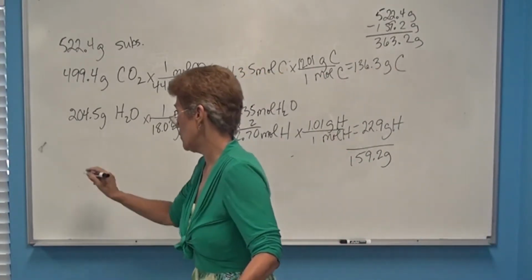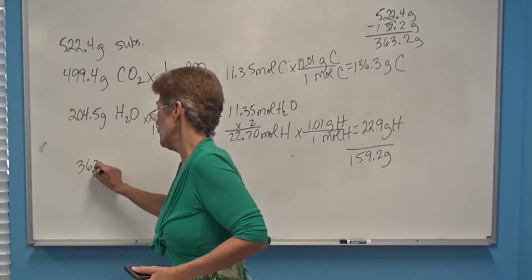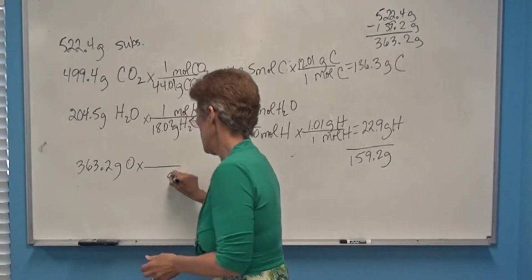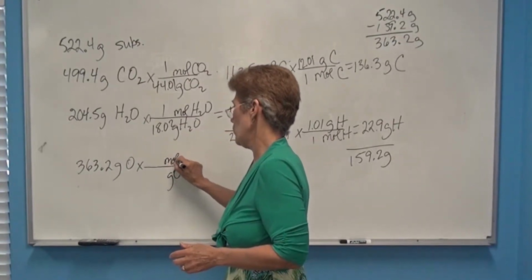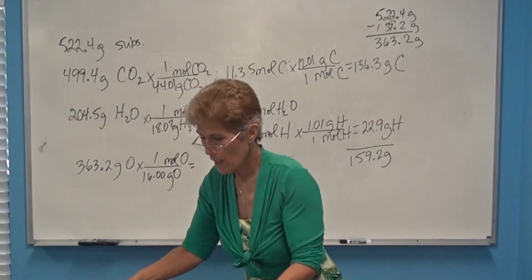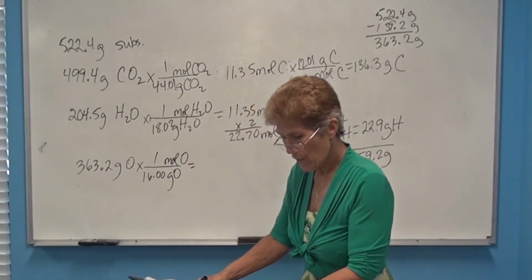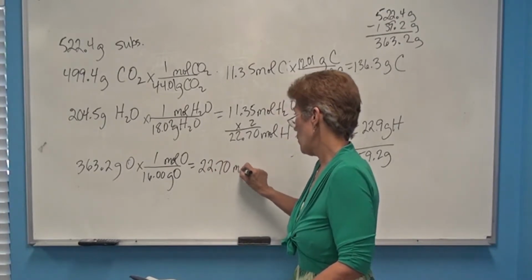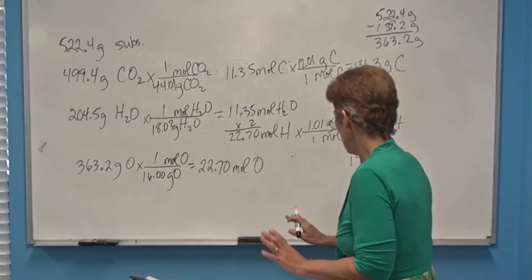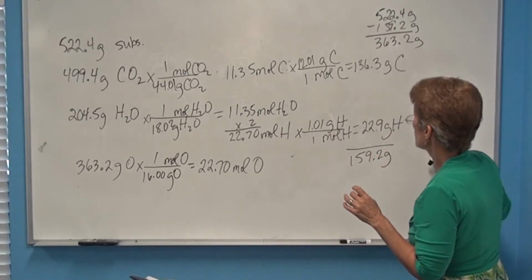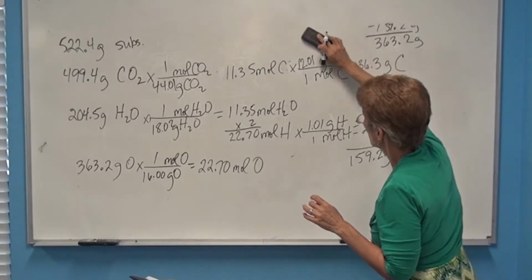So now I'm going to come back over here and go 363.2 grams of oxygen times line, grams of oxygen, moles of oxygen, 1 mole, 16.00 grams. And so that's going to give me 22.70 moles of oxygen. Now, I'm going to ditch this part because I don't need it anymore.